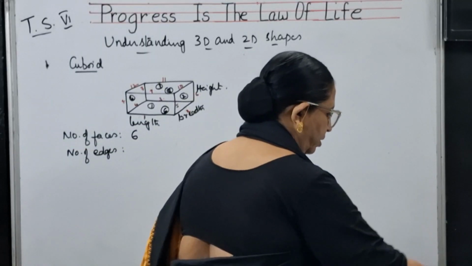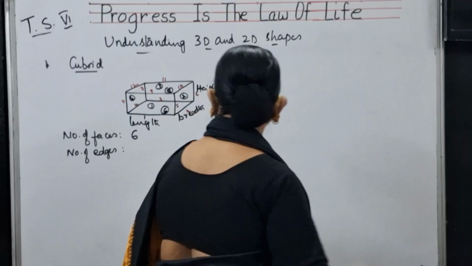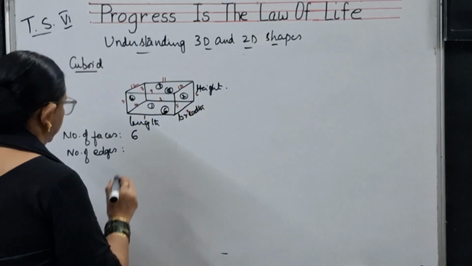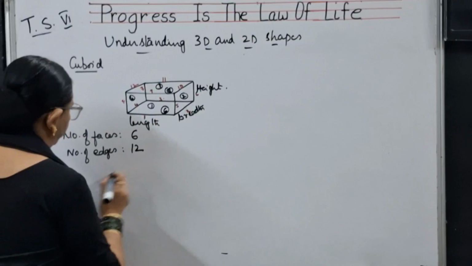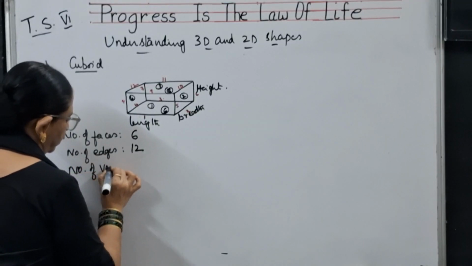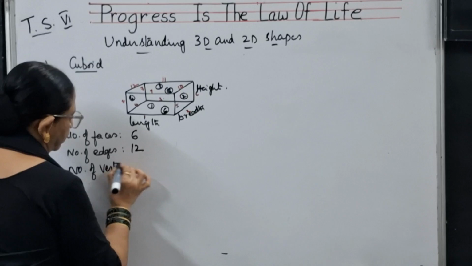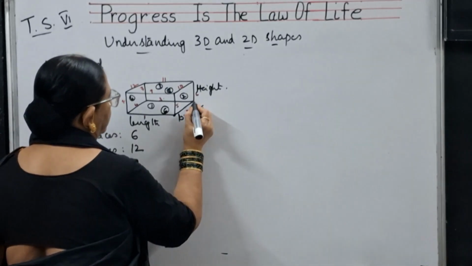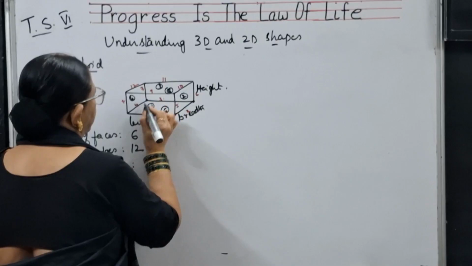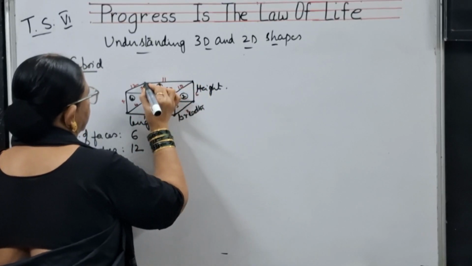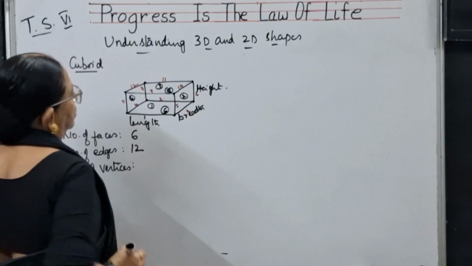Apart from that, you have got vertices. Next, number of edges are 12. Then number of vertices. Say this is 1, 2, 3, 4, 5, 6, 7, 8.